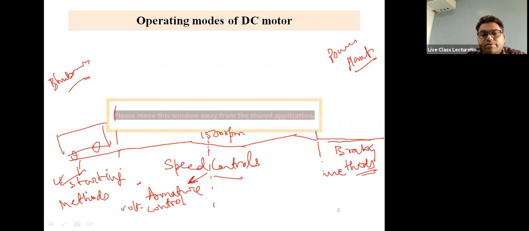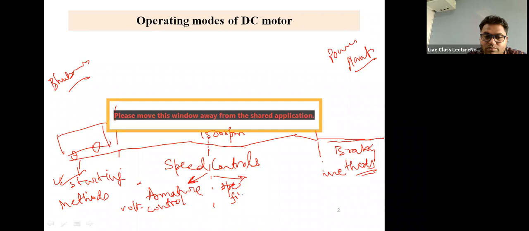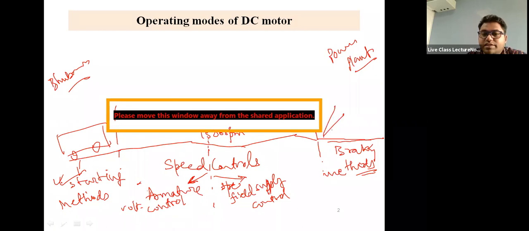If you want a speed higher than that, we'll go for field supply control, right?